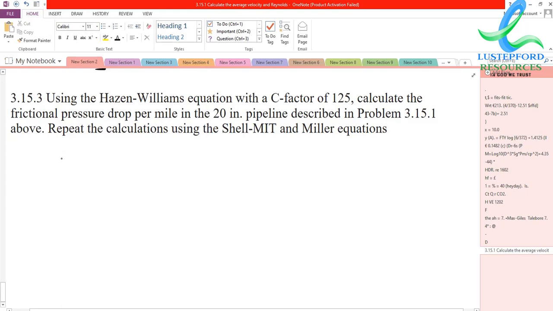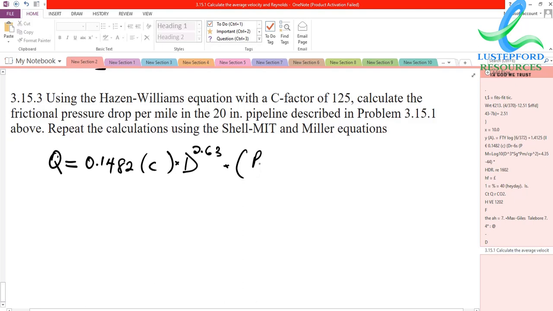This is the Hazen-Williams equation, where the flow rate is equal to 0.1482 times the C factor times the internal diameter raised to power 2.63 times the pressure drop per mile divided by the specific gravity, raised to power 0.54.